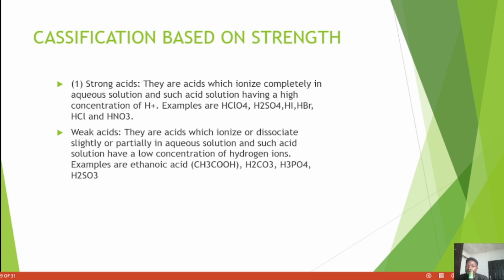So the implication is, when you are thinking about a strong acid, the most important thing that should come to your mind is complete ionization. While on the other hand, a weak acid would undergo incomplete ionization. It is not based on the concentration of the hydrogen ions necessarily, but based on the fact that these particular acids would undergo complete ionization.